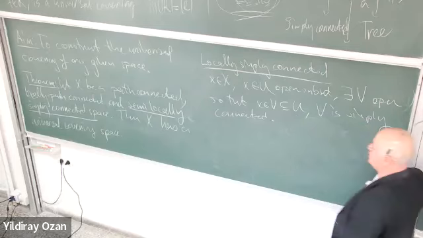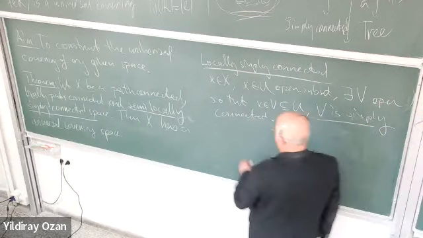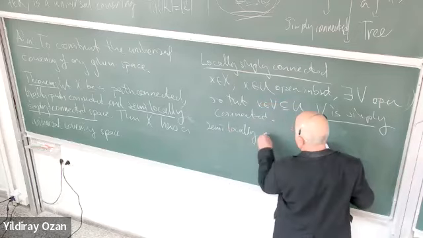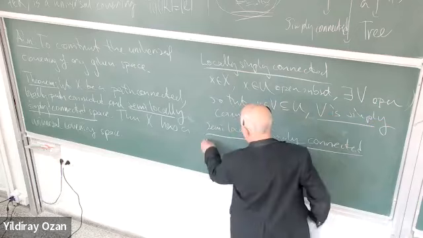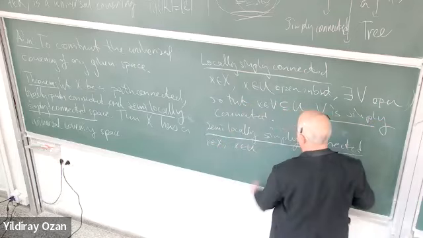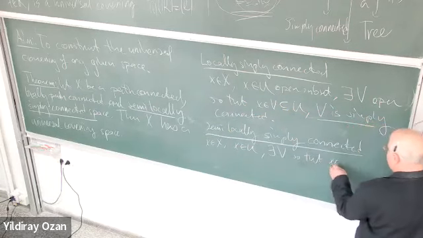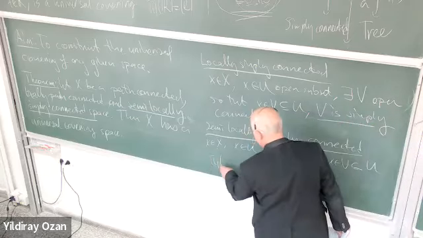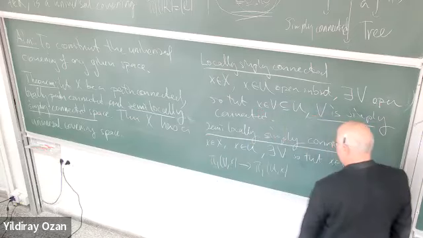Semi-locally simply connected means the following: instead of assuming that V is simply connected, we assume the following. Whenever a point is given and a neighborhood is given, there exists another open neighborhood V so that x is in V, V is in U, and you don't assume that V is simply connected, but you assume that the map from pi1 of V into pi1 of X is trivial.